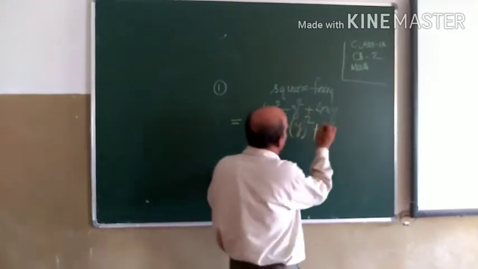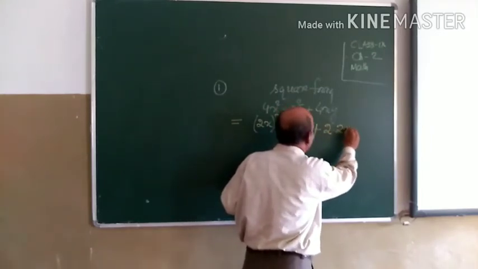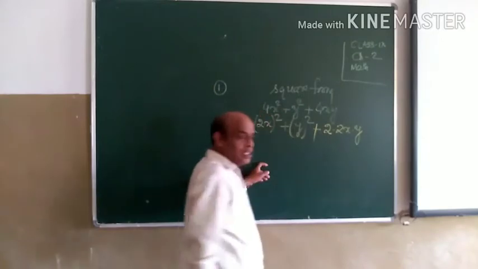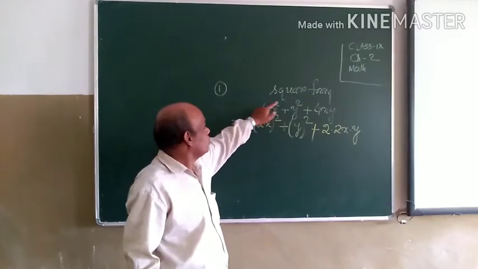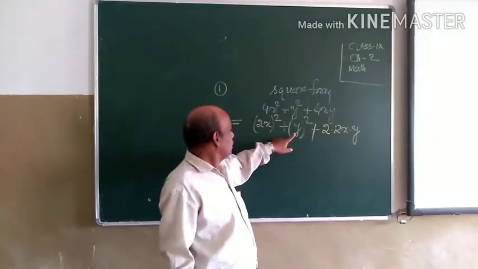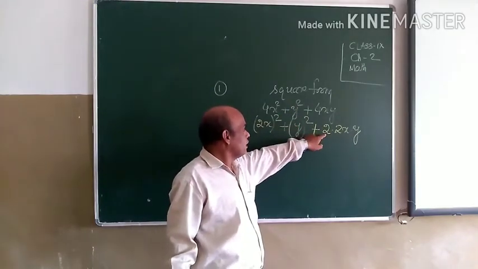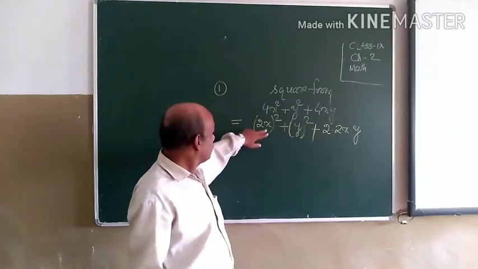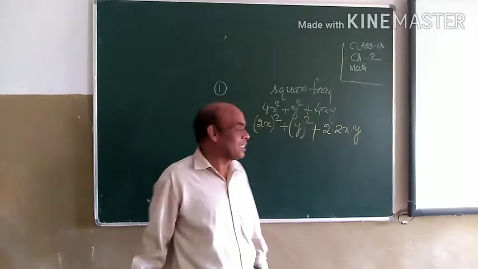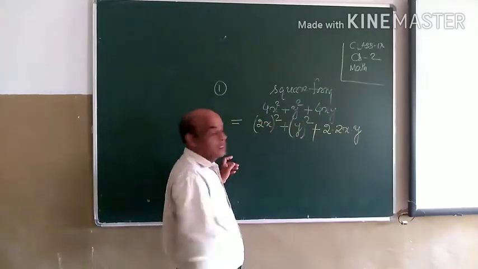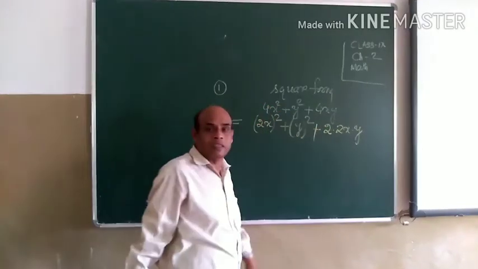So you see here, if I write 2 into 2x into y, suppose we take a as 2x, so a square is 4x square. Now y square is y square, plus 2 into a, meaning 2x, into b, meaning y, gives 4xy.